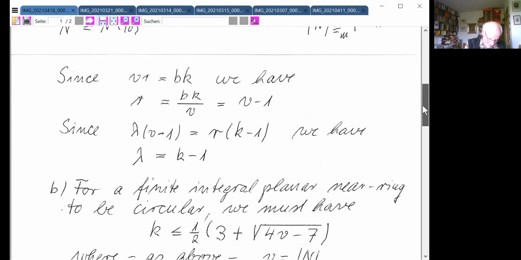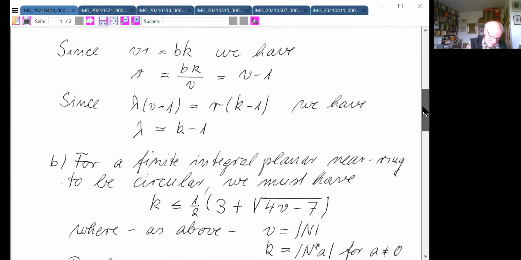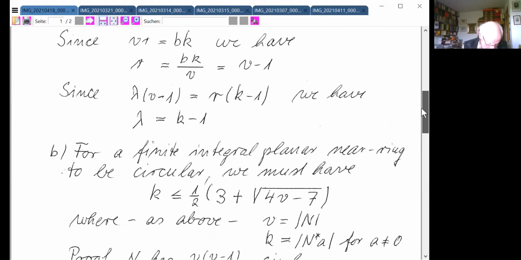But it turns out that if we have a finite integral planar near-ring and we want it to be circular, we must have a certain restriction on k. This itself doesn't make the thing circular, but we have this restriction.